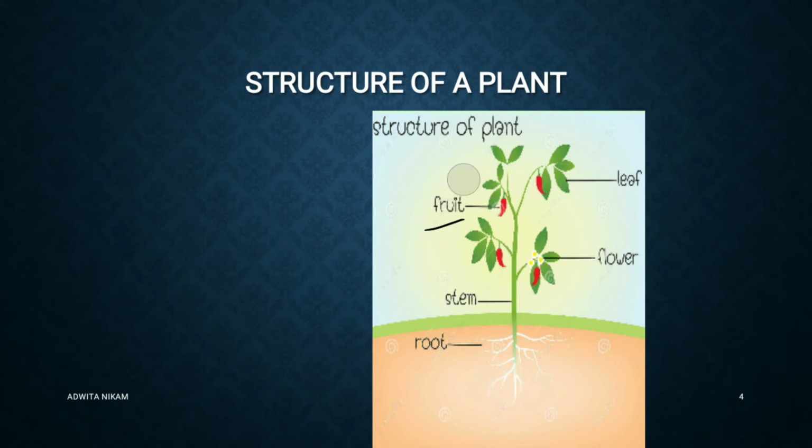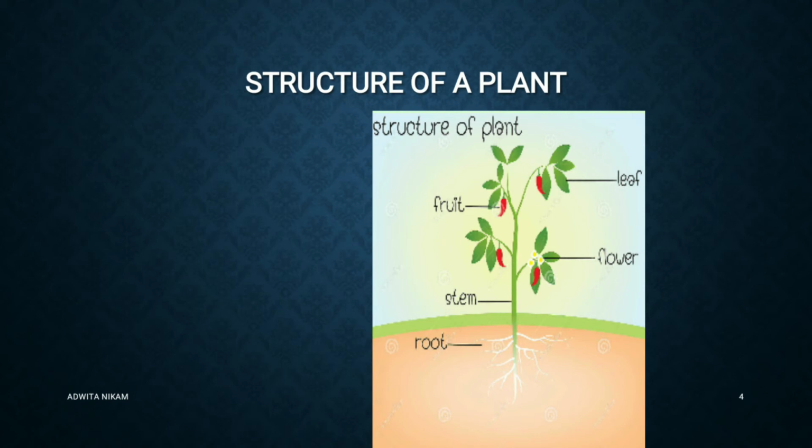And now the fruits have different shapes. Fruits contain one or more seeds. The pods of beans and peas are actually fruits. And the beans and the peas inside the pods are the seeds.